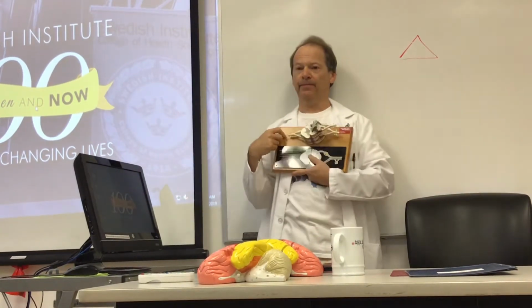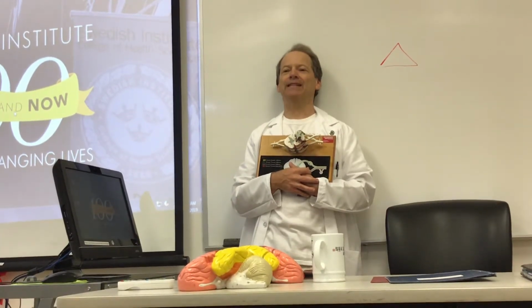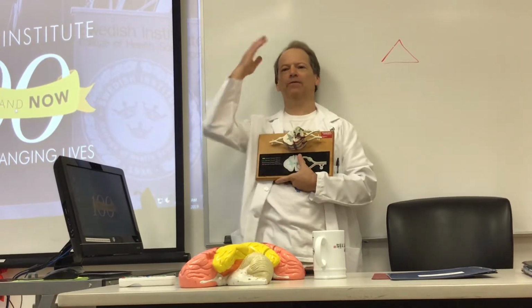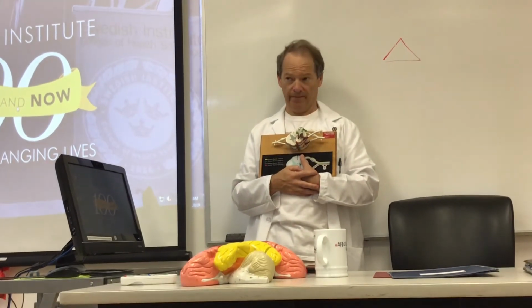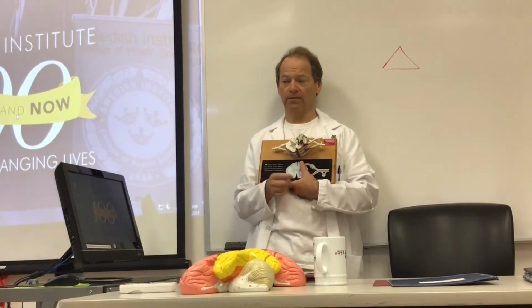Is it always true that motor is descending and sensory is ascending? Motor is descending, always, because the orders are coming from here and going down to there. And sensory is always ascending for the same reason. Motor goes ventral.